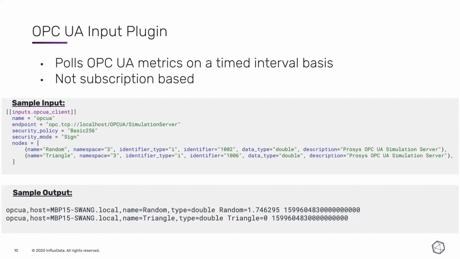But yeah, you would configure each individual node that you're reading, and that will be dependent on the metrics that you would see. So here you can see that there were 2 nodes configured in the simulator, random and triangle simulations, and you would get a line protocol measurement for each one, copied in the same way on each time interval.